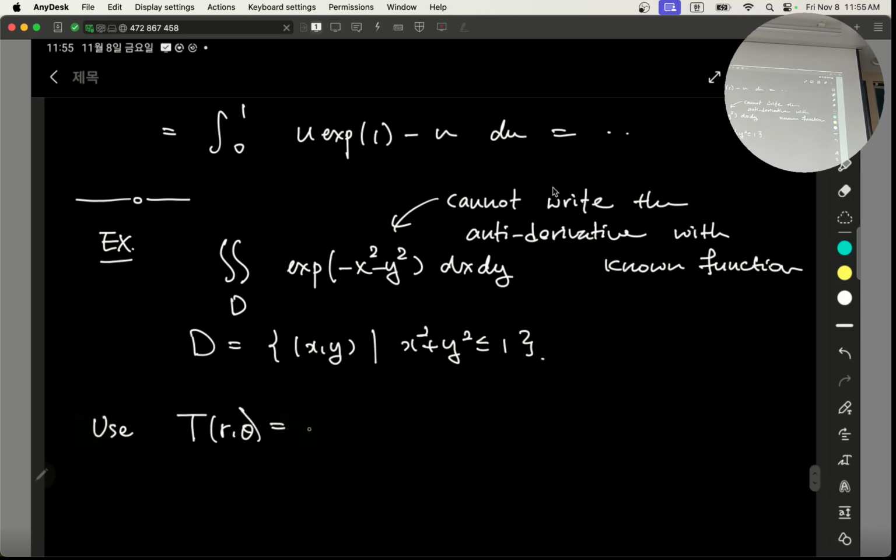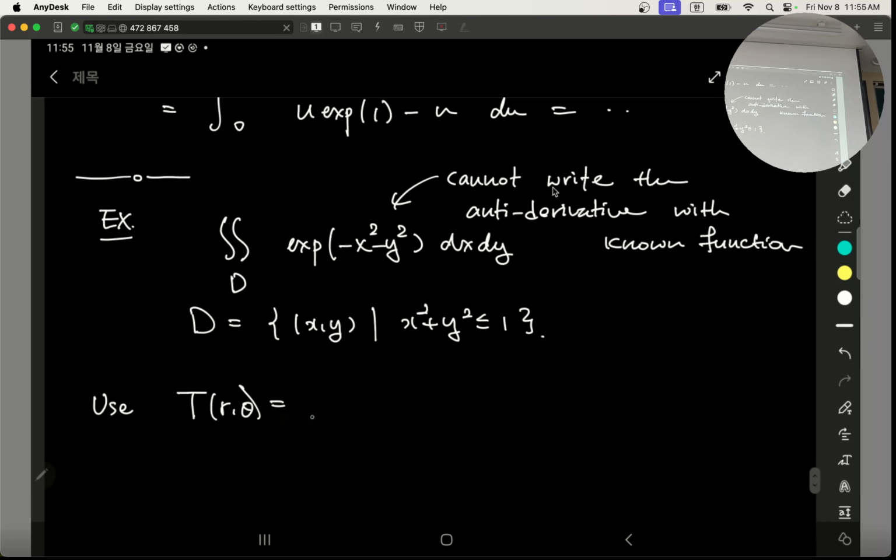You have to use the polar coordinate system. So you have to use this polar transformation here, this t. I'll give you time to discuss solving these questions, and then we'll move on.